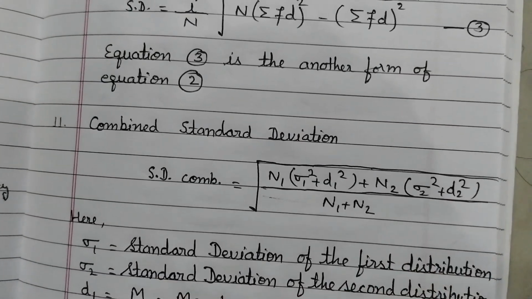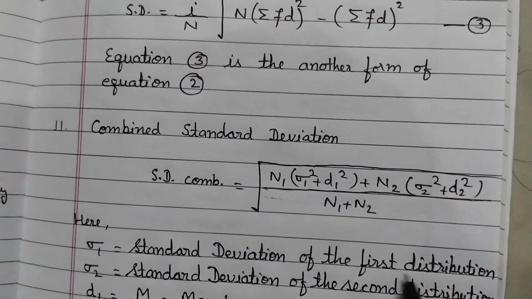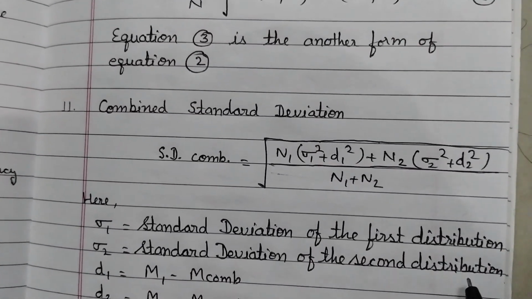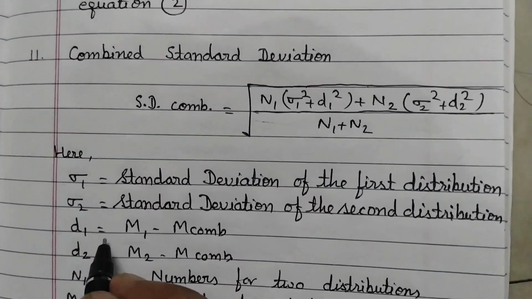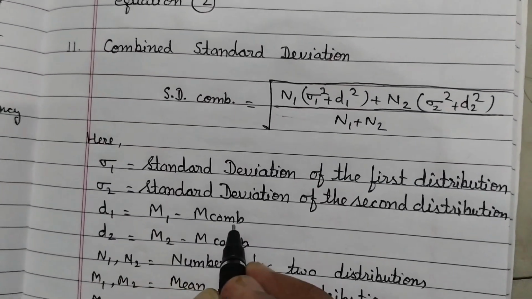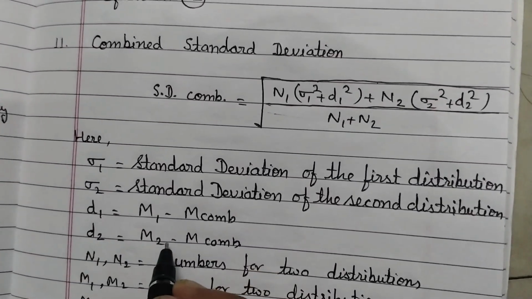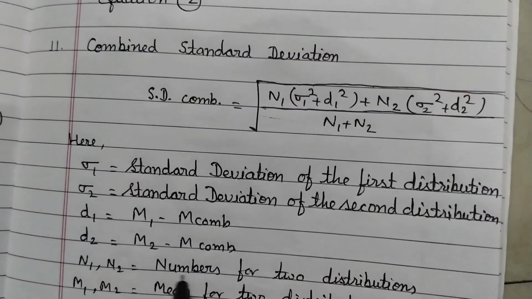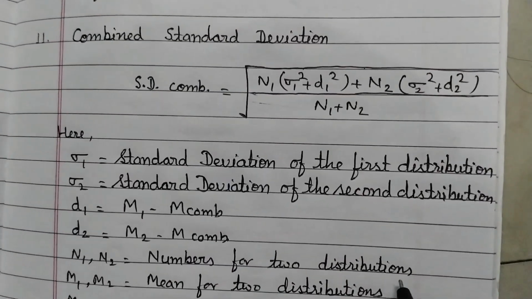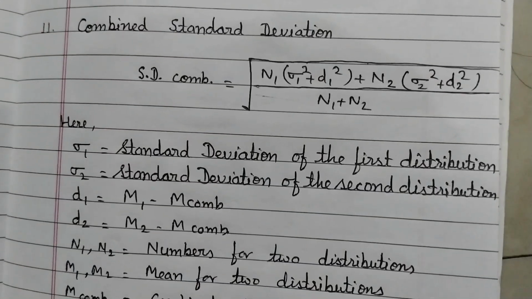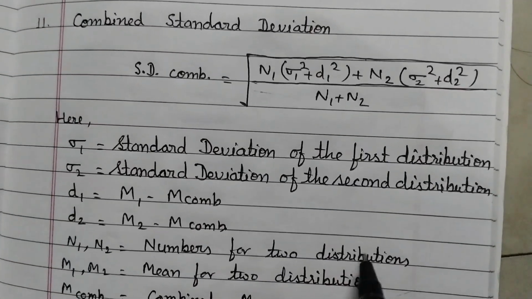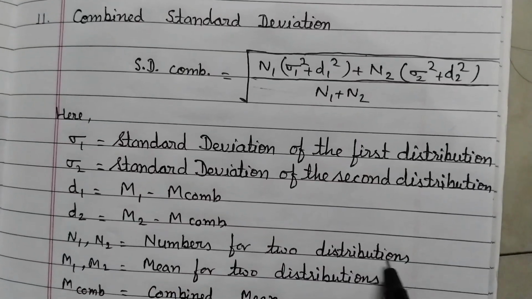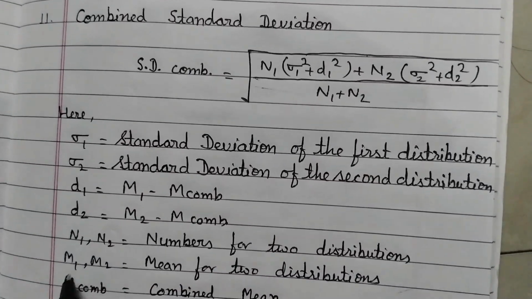Here sigma 1 is called standard deviation of the first distribution, sigma 2 is called standard deviation of the second distribution, d1 is equal to m1 minus m combined, d2 is equal to m2 minus m combined. n1 and n2 are the total numbers of the two distributions separately. Distribution 1 has n1 numbers and distribution 2 has n2 numbers.